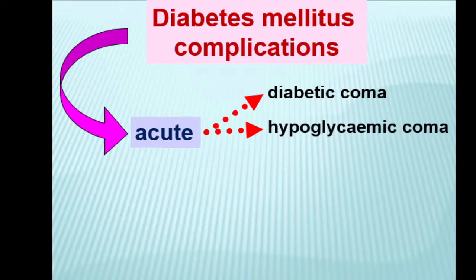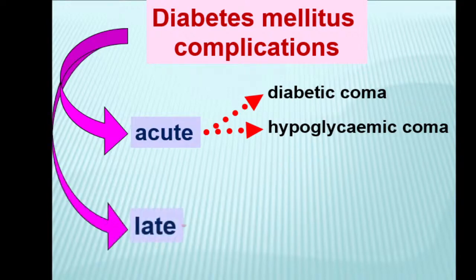Next, when we completely study endocrine diseases, you will study other types of coma. But today we'll stop only on two types: hyperglycemic diabetic and hypoglycemic coma.